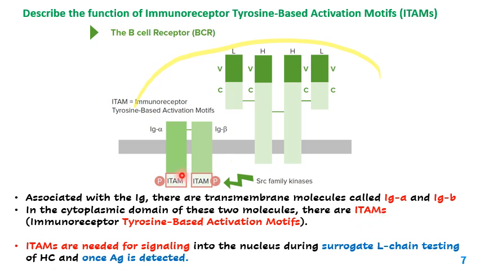Okay, so ITAMs inside of the cell, inside the cytoplasm, are going to get the signal when your IgM detects antigen, when it interacts with antigen. If it's not interacting with any antigen, then there is no signal to be sent to these guys over there. Okay, and this is, of course, for your regular B cell receptor. When you look at your pre-B cell receptor, the job of your surrogate chain is to pretend that there is antigen so you can test whether this whole thing works or not.